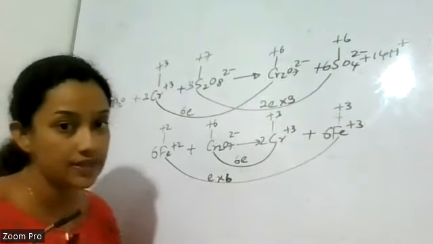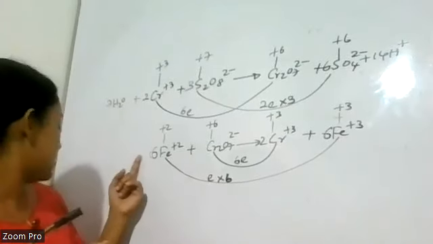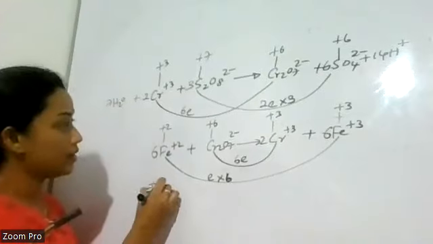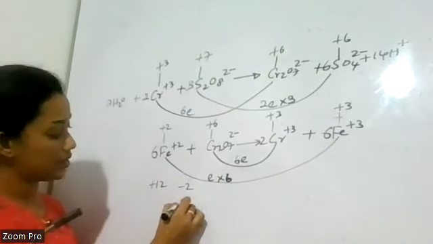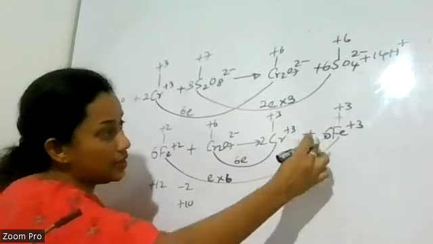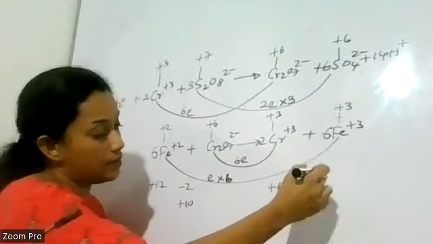Then we have to balance charges. 6 into 2 means plus 12. Here minus 2, plus 10. Here plus 6, plus 18.